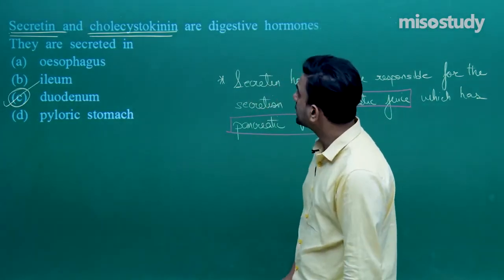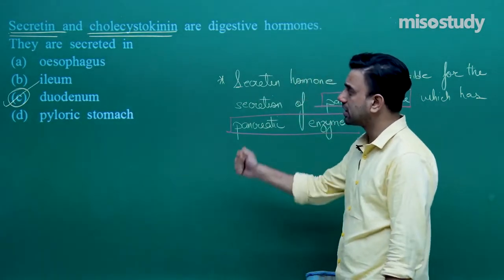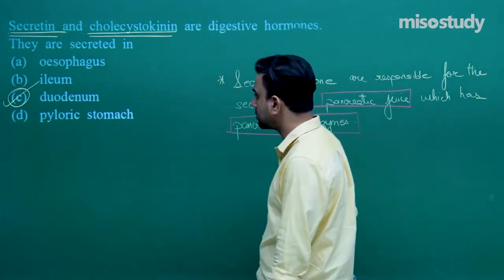So secretin and cholecystokinin are digestive hormones, and they are secreted in the duodenum part of the small intestine.